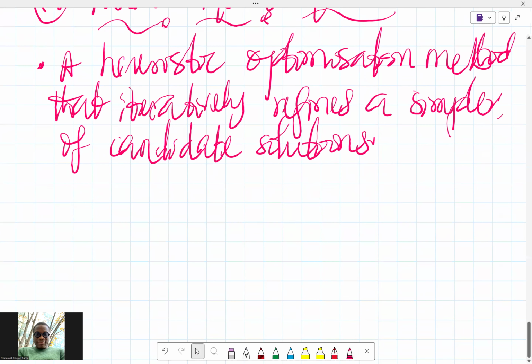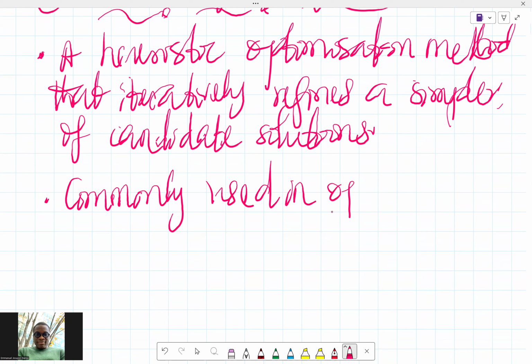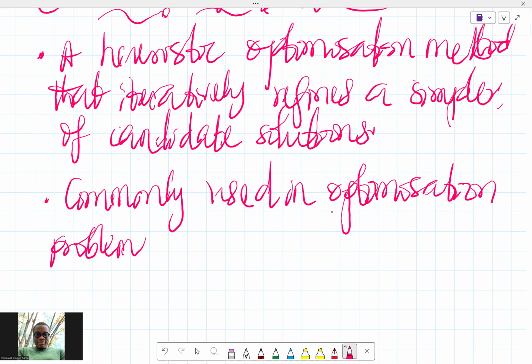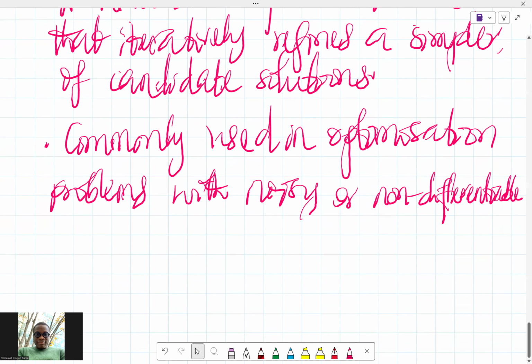It is commonly used in optimization problems with noisy or non-differentiable objective functions.